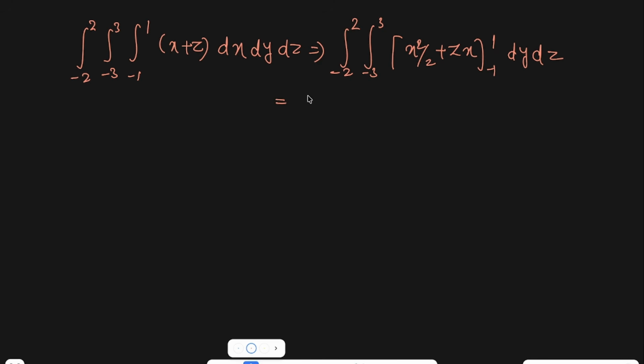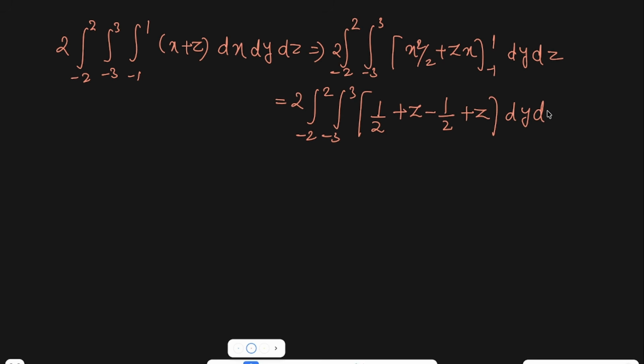Two is also there. When you apply the limits, this is going to be 1 by 2 plus z minus 1 by 2 minus z minus, so it will be plus z, dy dz.